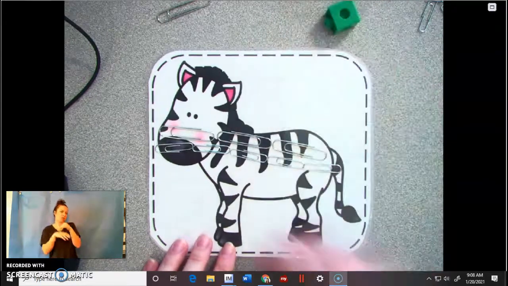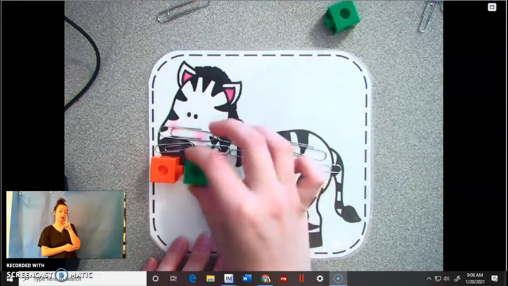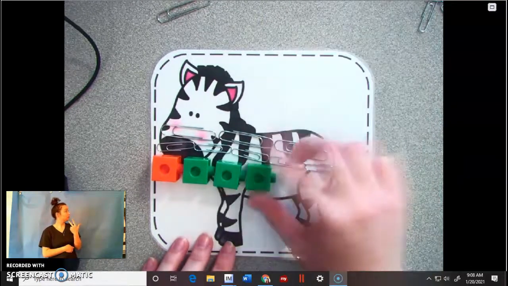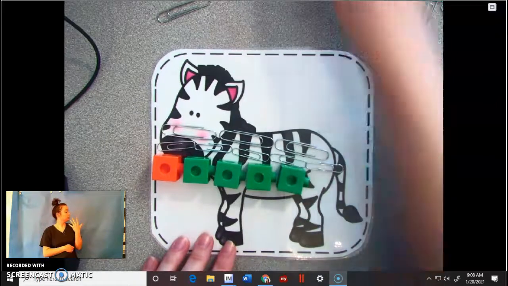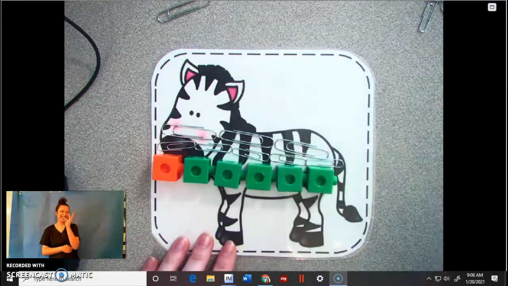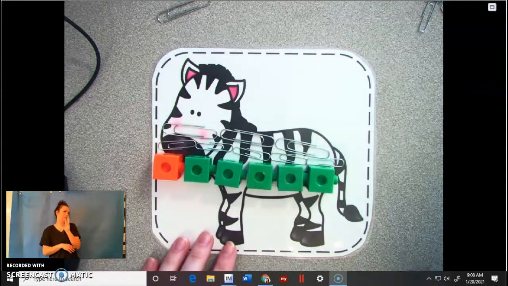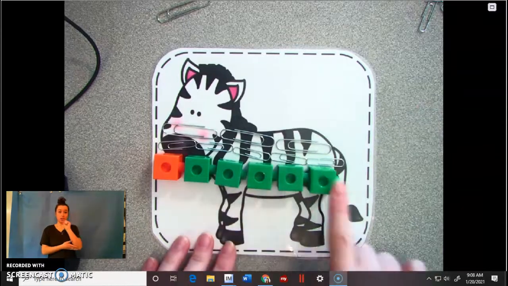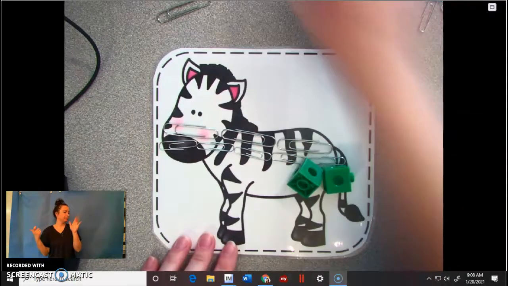And let's try with our blocks. 1, 2, 3, 4, 5, 6, a little more than 6 blocks. So we only had 3 big paper clips and then 6 blocks, or little blocks.